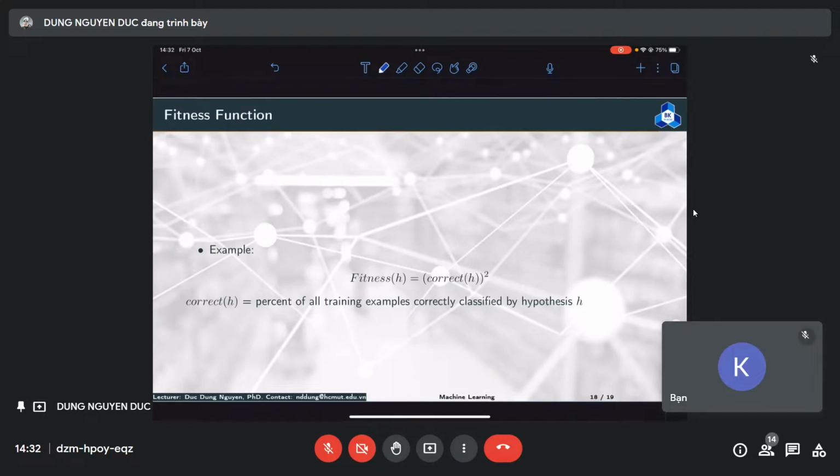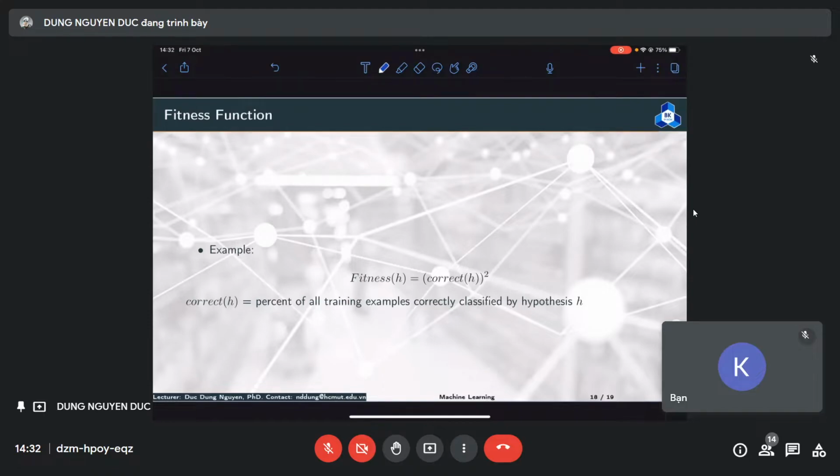And the one that was here in the material is saying that you can measure the fitness by the square of the correctness of the hypothesis. In other words, fitness can be measured as the percentage of correctly classified training samples over all the samples you have.